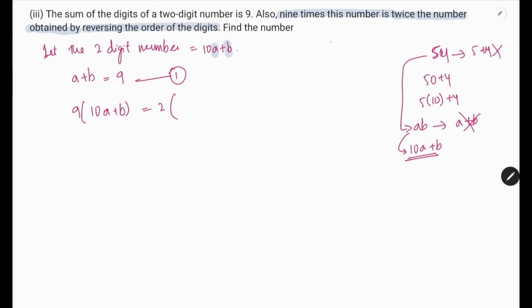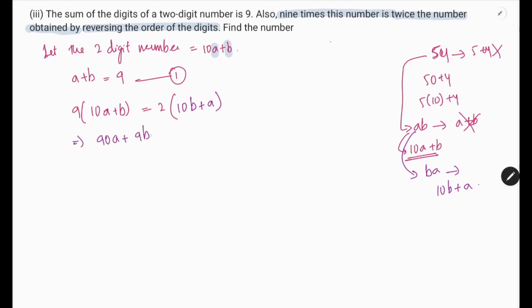See, if we reverse the order, it will be BA. Now, how do you represent this one? 10B plus A. Okay. We will write the same here. It is 2 times the number obtained by reversing the digits, so it is 10B plus A. Okay. Now, we will simplify this.